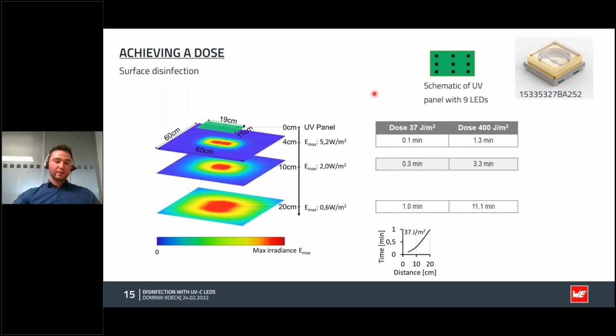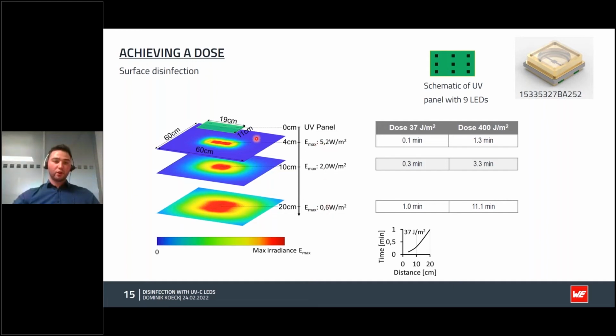Here I show you a UV panel including 9 of our UVC LEDs. On the left side I show you the irradiance depending on the distance from the UV panel. What you see here is that if you increase the distance, the irradiated area gets bigger, but the maximum irradiance drops.